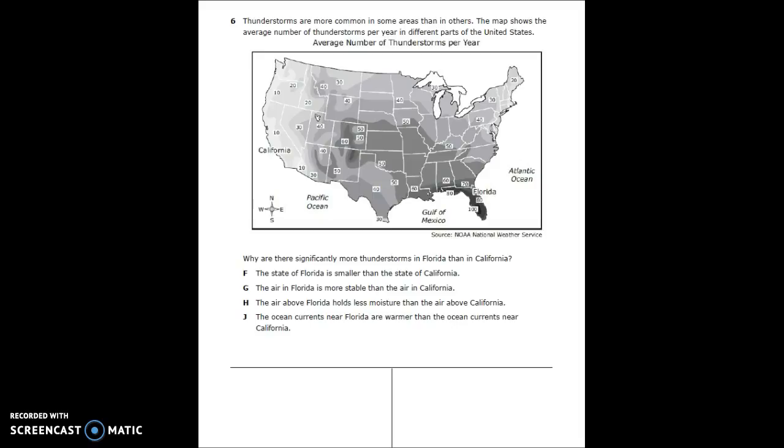G. the air in Florida is more stable than the air in California. H. the air above Florida holds less moisture than the air above California. And J. the ocean currents near Florida are warmer than the ocean currents near California.